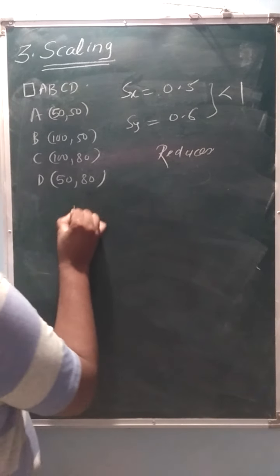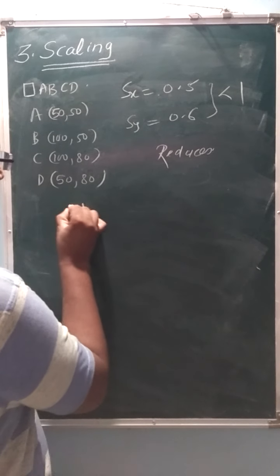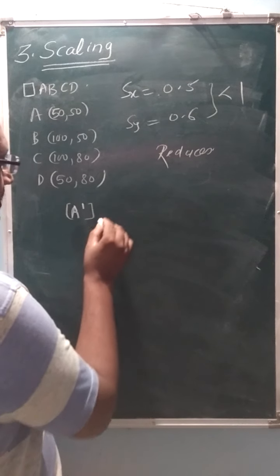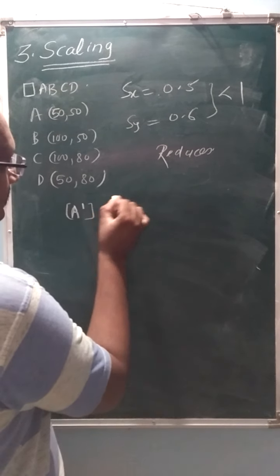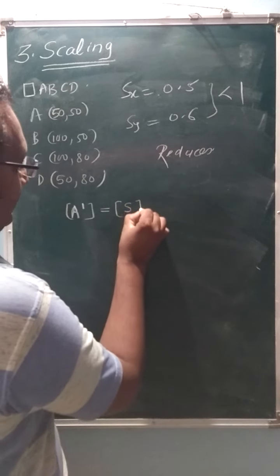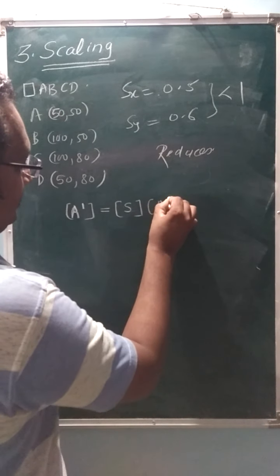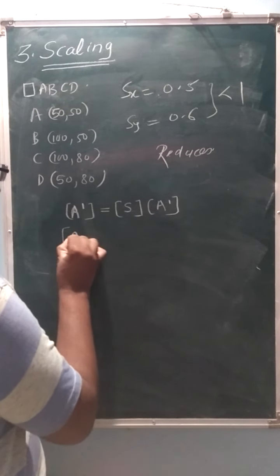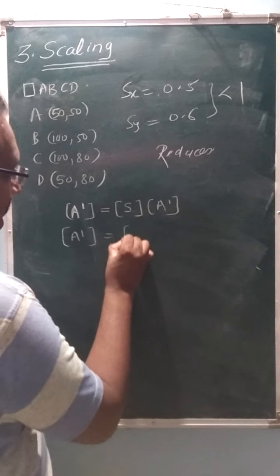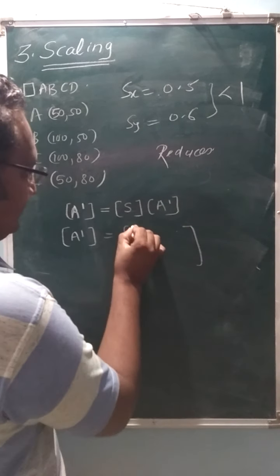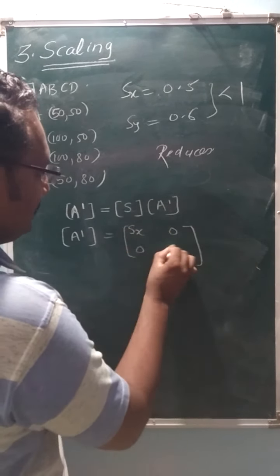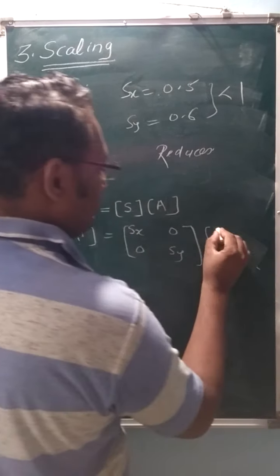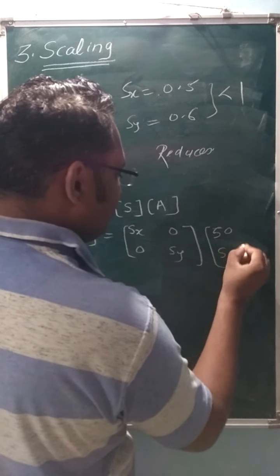Our aim is to find the coordinates of A dash. Before that, you should have this as the scaling matrix, Sx 0, 0 Sy, and this as the original point, 50, 50.